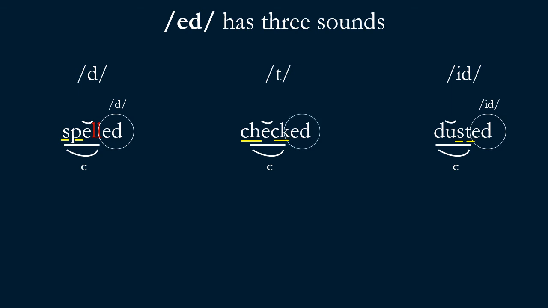And we'll put a circle around the suffix. And this time we're going to put a T above it. So we have spelled, checked, dusted. Three different sounds, but they all have the same spelling. And that's really, really important for us to remember when we're spelling. Okay, all right. Now, let's move on.